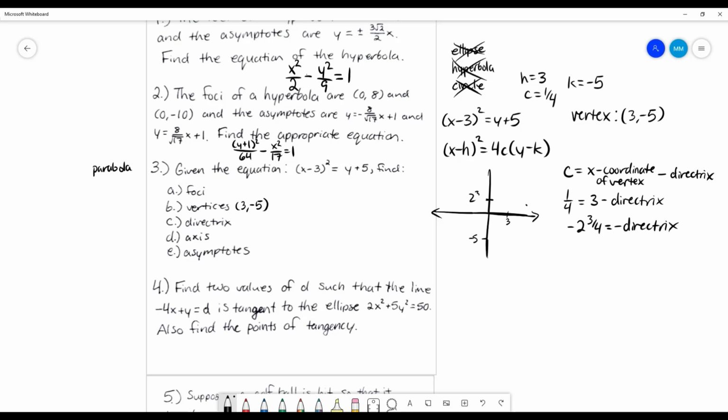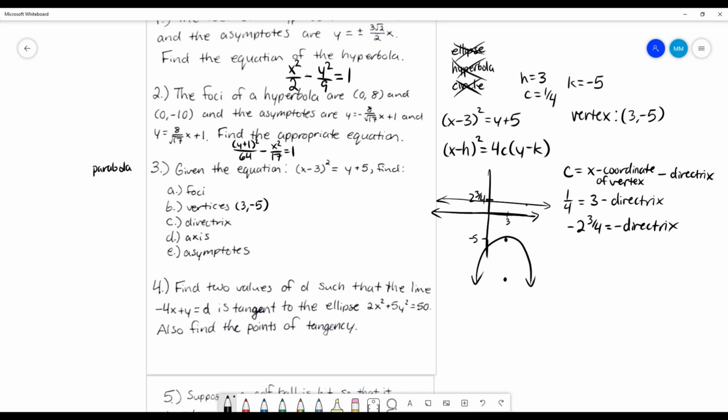So this line right here is our directrix, which means that our focus, since this is our vertex, has to be down here somewhere, where this distance is the same. Which means our parabola looks more like this, unless I made a mistake somewhere.